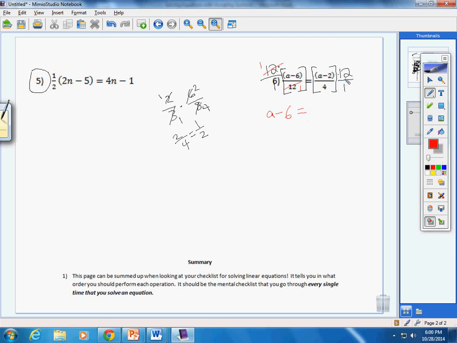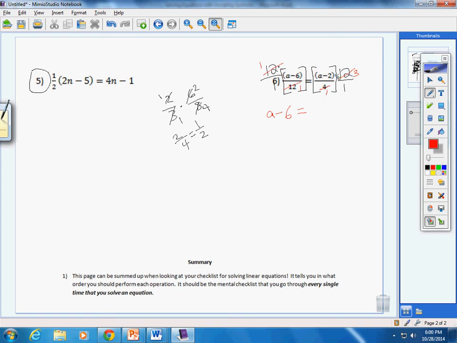So really it's a minus 6 over top of 1, which I don't really even need to write. Now over on the right side, the reason it's important to multiply by 12 is because 4 also goes into 12. So you need something that 4 will go into so that you can cross cancel. How many times does 4 go into 4? It goes in there once. How many times does 4 go into 12? It goes in there 3 times. Look what happened to our denominators. You now just have 1 times 1, so you don't even have a denominator.